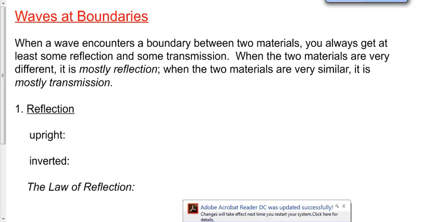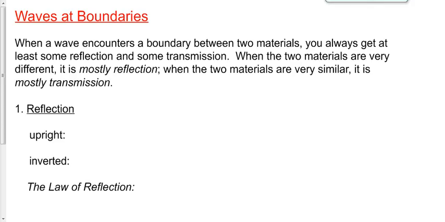Sometimes it's about 50-50. It depends upon the type of materials that you're dealing with. If the media are very similar, it's going to be mostly, Daniel, transmission. If the two materials are very different, it's going to be mostly reflection. There's always some of both, okay, but sometimes it's mostly reflection, sometimes it's mostly transmission.